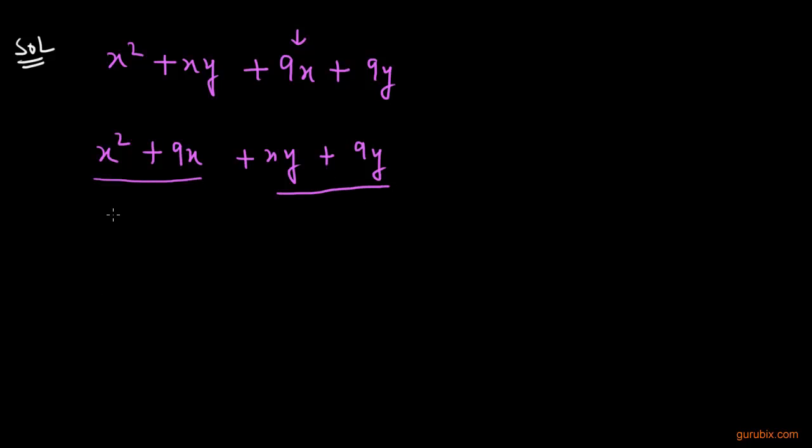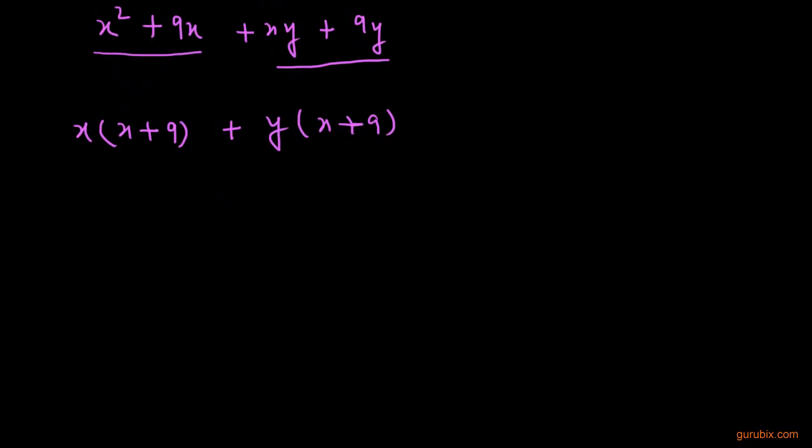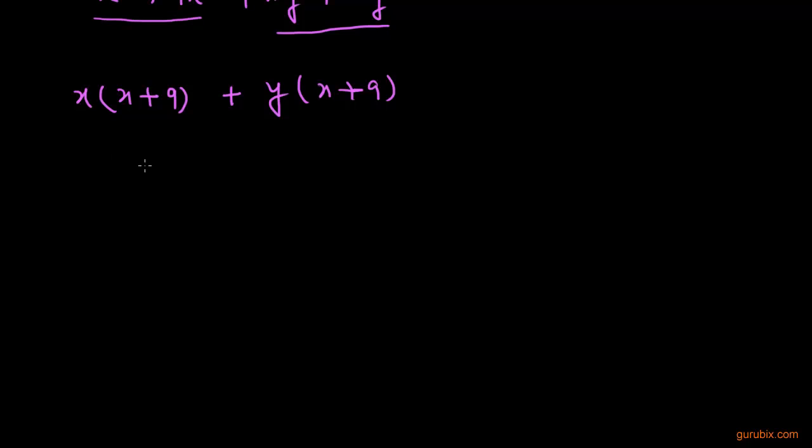and if we take common x from these two terms we get x plus 9 in bracket, and here if we take y common from these two terms we get x plus 9 as well. So we observe now that x plus 9 is common in these two terms. So we can take common x plus 9, and what remains in another bracket is x plus y.